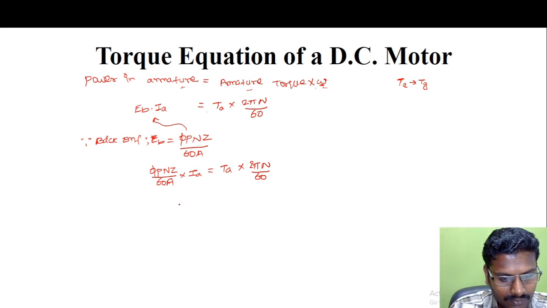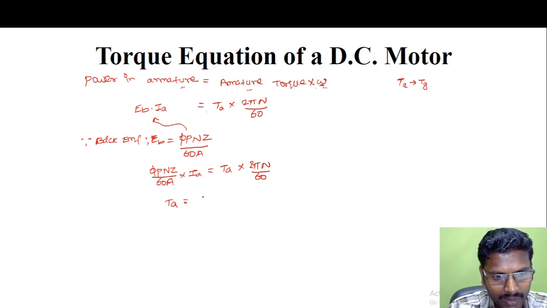Now I need to find the value of TA, the armature torque. I'm keeping TA on the right side and bringing this term to the left side.